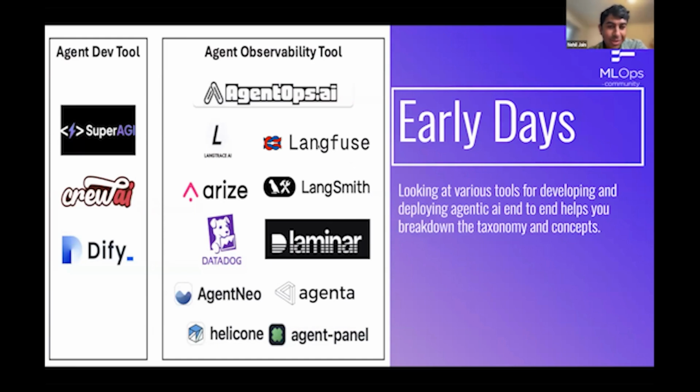I've used a lot of these agent observability tools myself already, so it's exciting to see that these are the popular ones. Has anyone tried some of these tools, or is there something that's missing here? I do think that LangGraph is missing on the agent dev tool side, but I think observability is very well covered.